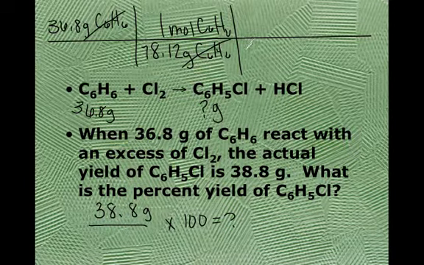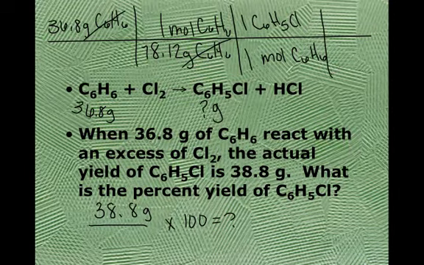What's our next step? Yes, that's the coefficient, and we're converting to C6H5Cl. The coefficient is 1 as well, so we have 1-to-1. Cancels. And the last step, we need to convert moles to grams, the mass of 1 mole of C6H5Cl. Chlorine is 35.45.